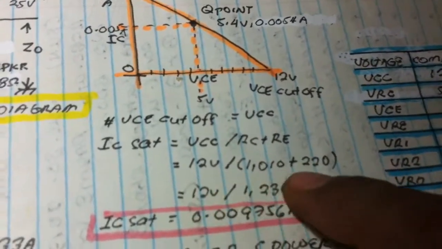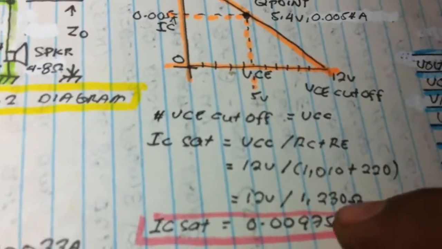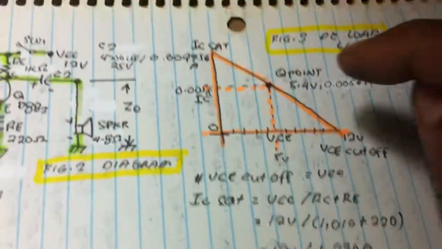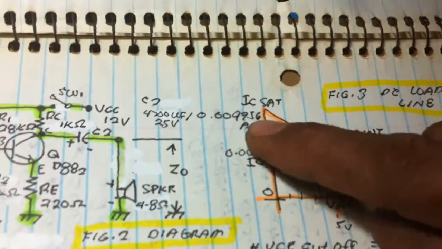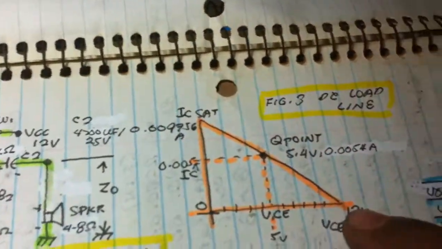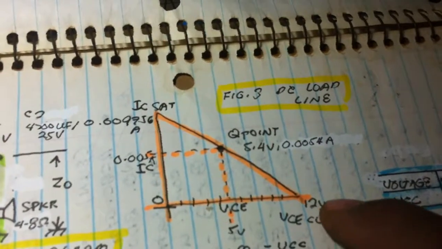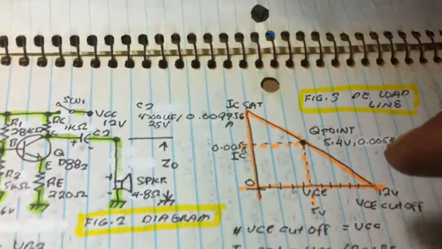And we know all the values there. And then we get 0.009756 ampere. That is now the value of IC sat. We know the collector voltage VCE cutoff is 12 volts, IC sat 0.009756.